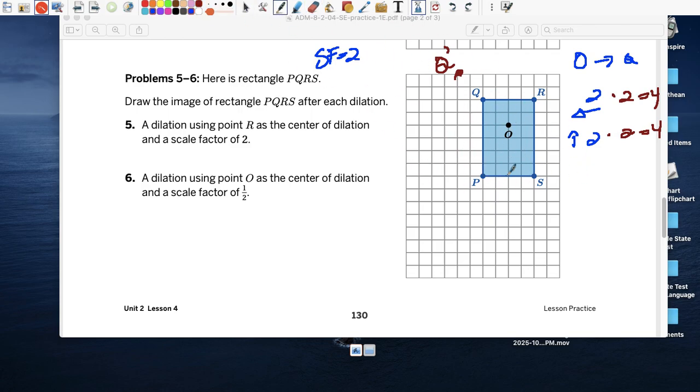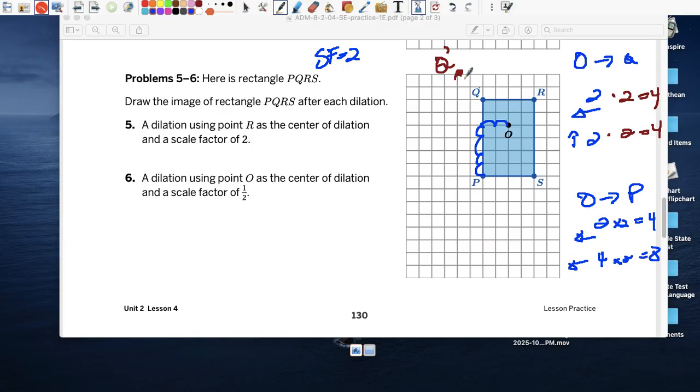So point P, from O to P. If you were at O and had to walk to P, you would go 2 to the left, and then 1, 2, 3, 4, 4 down. With a scale factor of 2, what's going to happen to these two numbers? Times 2, times 2. Now it's 4 and 8.